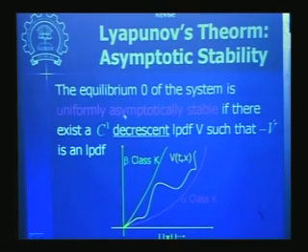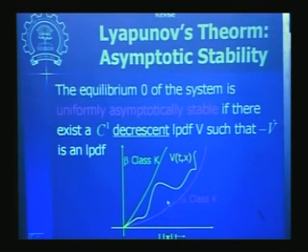The theorem says that the equilibrium is uniformly asymptotically stable if there exists a C1 decrescent LPDF V. These are the three properties V has to satisfy, and V dot is negative definite, or minus V dot is LPDF. This V can be schematically represented in this fashion: it is bounded above by a class K function and bounded below by a class K function.